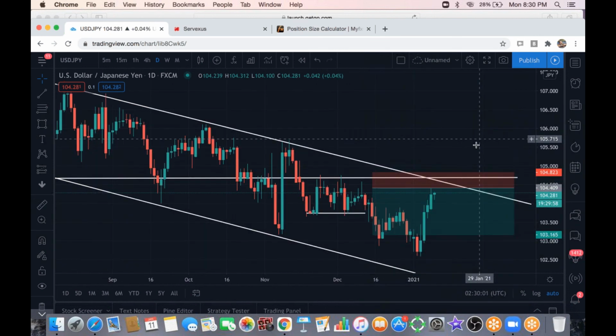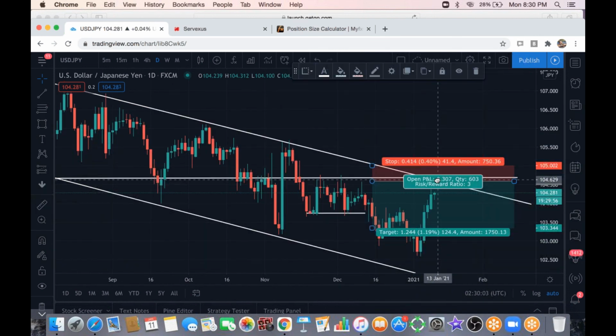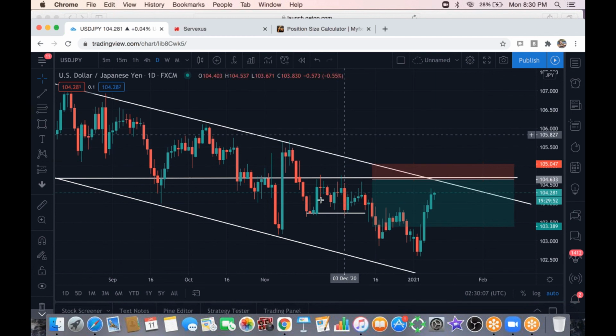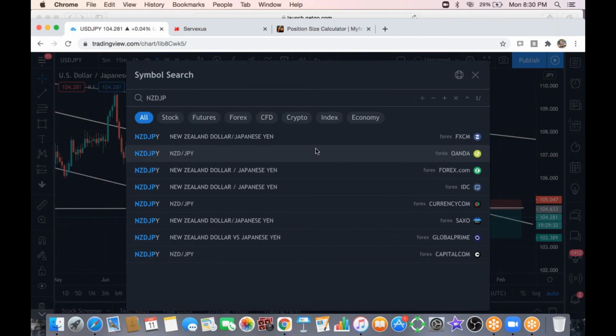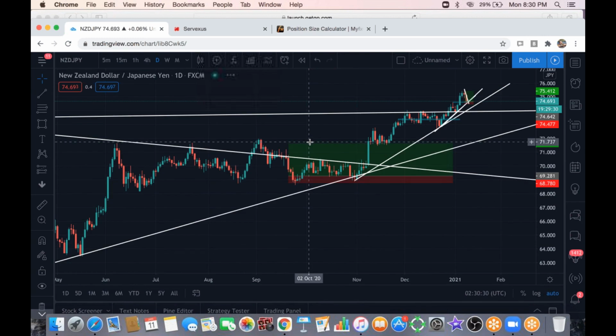And UJ is starting to get really close to my sell zone that I had for it. So I think I still got my alert in, but the yen is really weak and it's going up, and the NZD is still strong. So I'm just trusting the JPY to stay weak. That's why I traded NZD/JPY because it just looks much better to me of a trade.